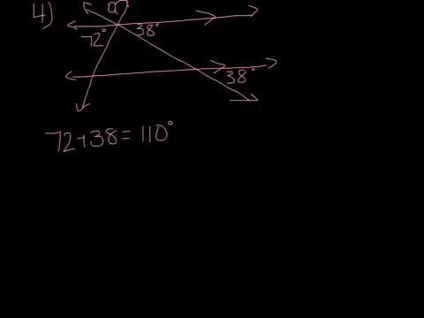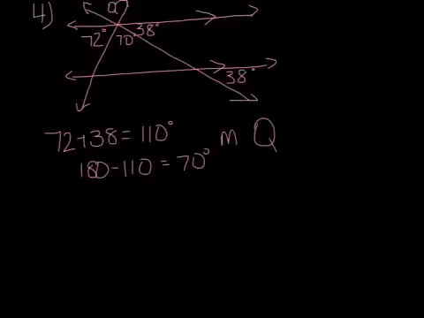Good. And then take that 110 away from 180: 180 minus 110 is 70 degrees. So if this angle is 70, can I find Q? Yep. What kind of angles are they? Vertical angles. So the measure of angle Q is equal to 70 degrees.